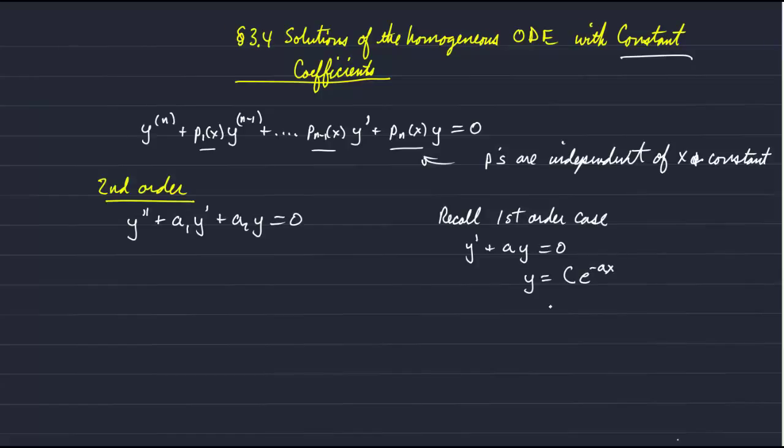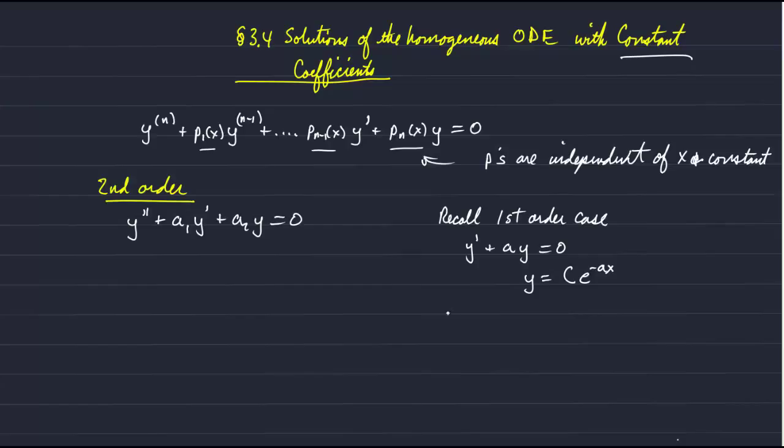And so you'll notice that the homogeneous case for the first order ODE had a solution that had an exponent in the solution. So if this is true for first order, we might hypothesize that exponentials are part of the solution for second and higher order solutions.